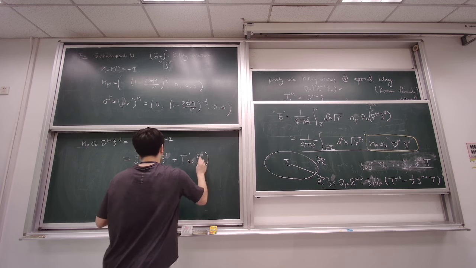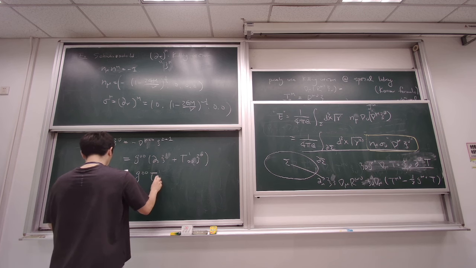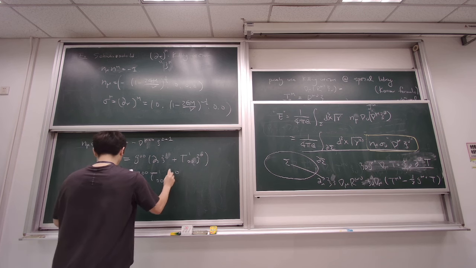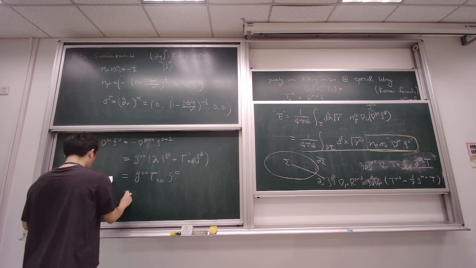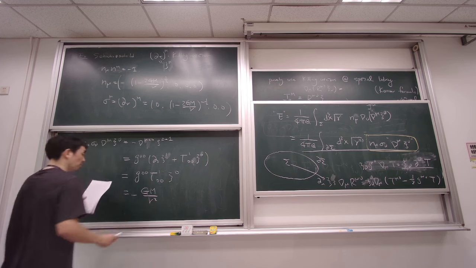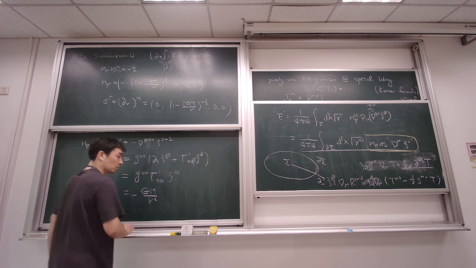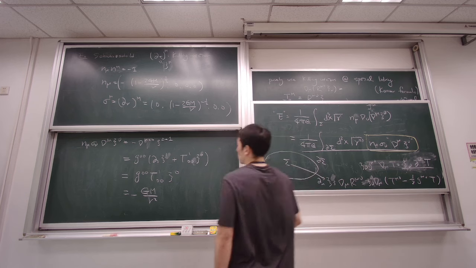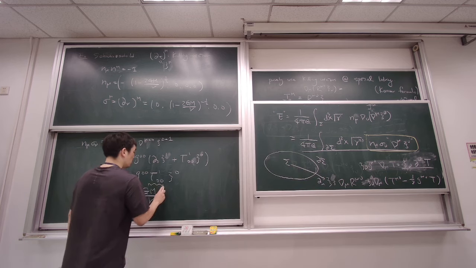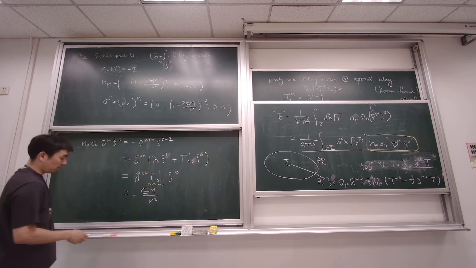This is a non-trivial part, and it only comes from this one. And this is equal to minus 2gm over r squared because of this gamma 100. So actually G00 and C0 will cancel each other.